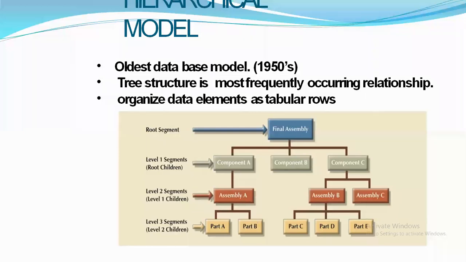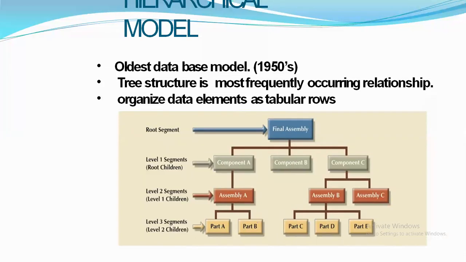So in this model, the data is represented in the form of trees. It is a tree representation of data. Here is an example of how the data is represented in a hierarchical model. For example, if you take an assembly, it will be classified into three components: component A, component B, and component C. Again, component A is divided further, and component C is again divided into parts.